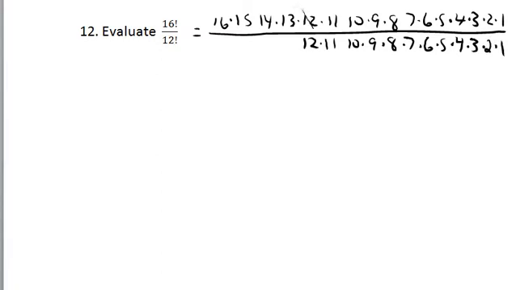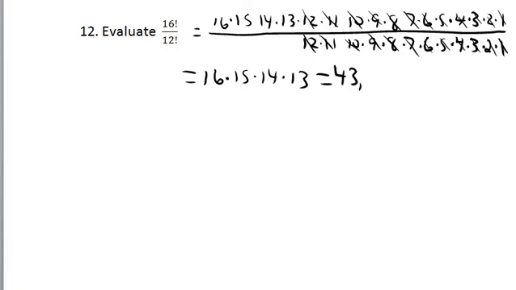And you'll notice that everything from 12 on down divides out. So 16 factorial over 12 factorial is really just 16 times 15 times 14 times 13. And if you multiply those 4 numbers together on your calculator, you'll get 43,680.